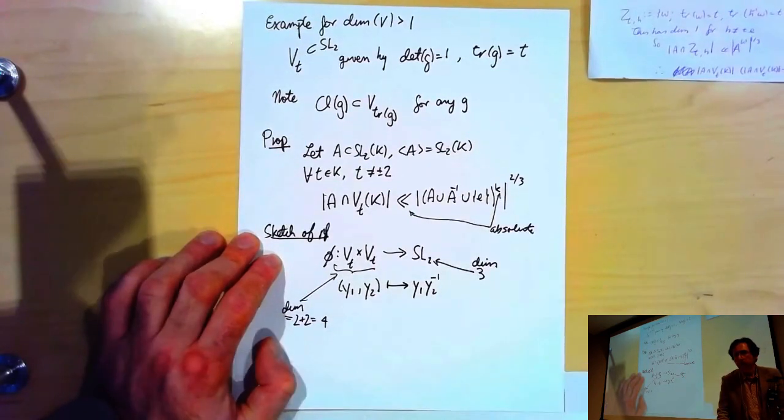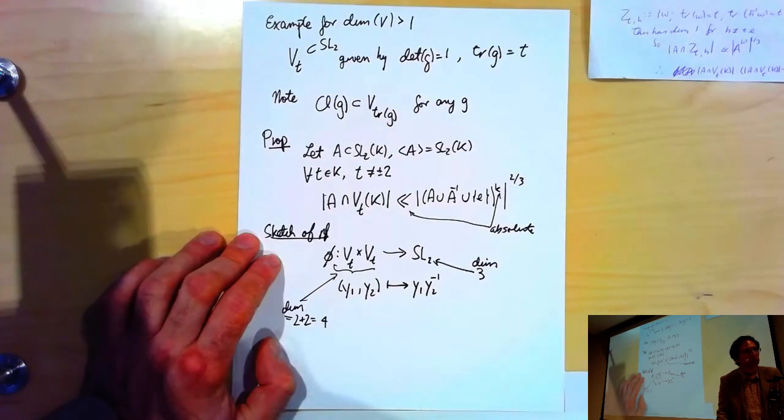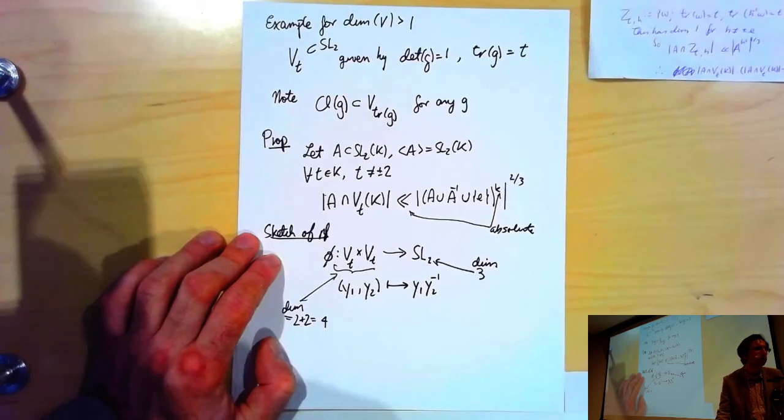However, the pre-images are no longer of constant size, they are not zero-dimensional, they will in general be one-dimensional. But we can control the size precisely because we have already given bounds for the intersections of sets with one-dimensional varieties.